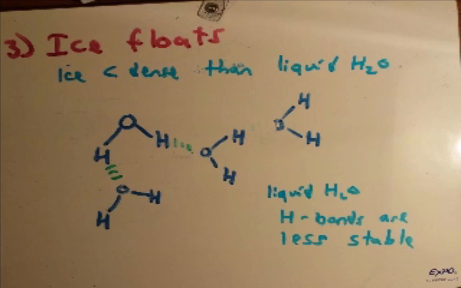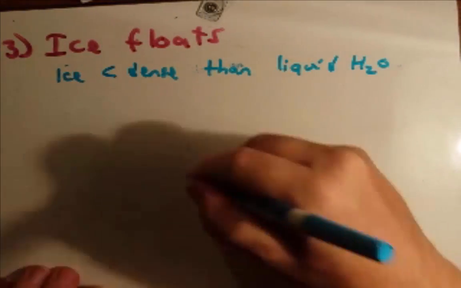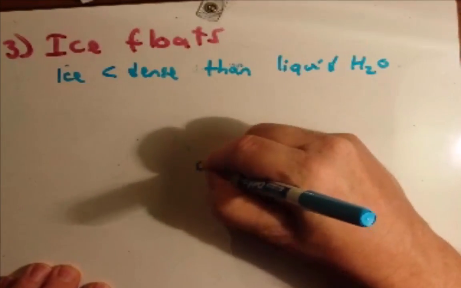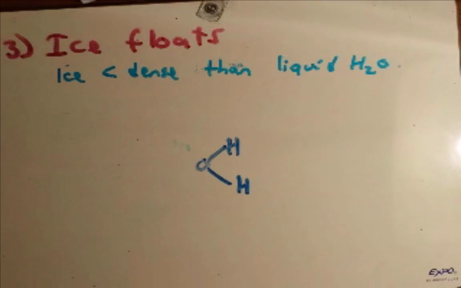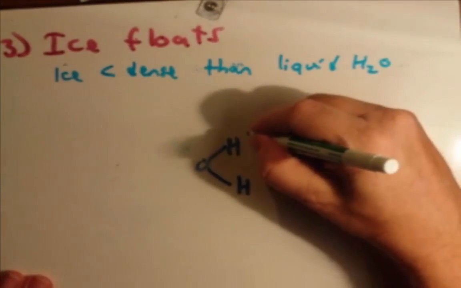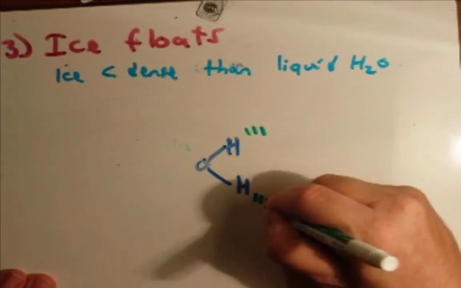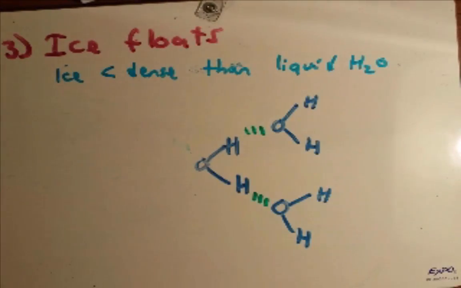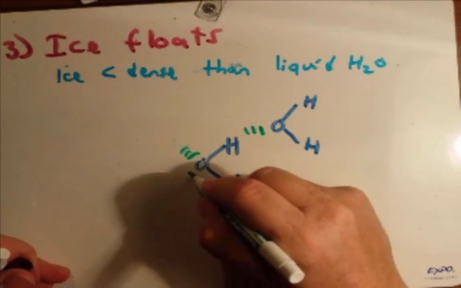So I'm going to redraw these here, like so. I'm going to draw one molecule here first. And I want to make a point here, looking at just this one molecule. It can hydrogen bond with 4 other molecules. 2 at hydrogen, and then it can bond with 2 other water molecules at the oxygen.